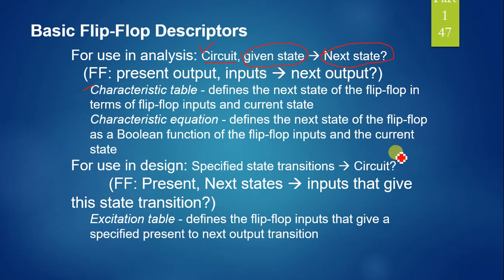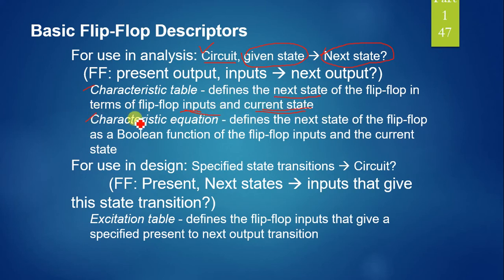The characteristic table defines the next state of a flip-flop in terms of its inputs and current state.